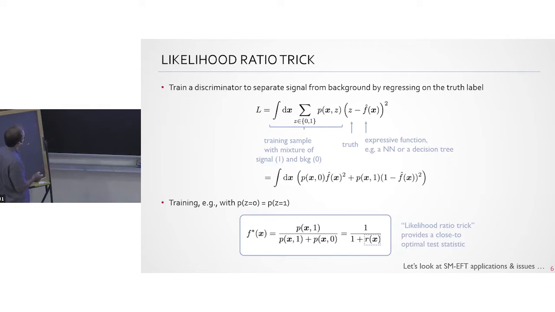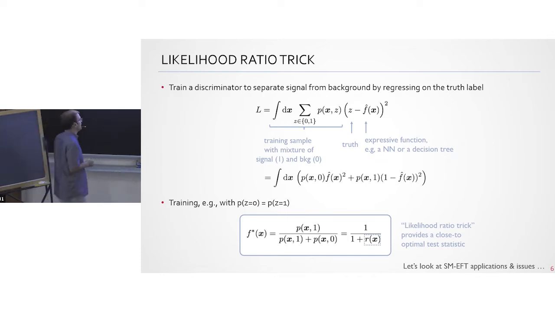One can execute this sum, and if you functionally differentiate the loss, so take a function that can express everything maximally, you find that in this limit you actually recover the ratio of the likelihoods, with 1 over 1 plus r.